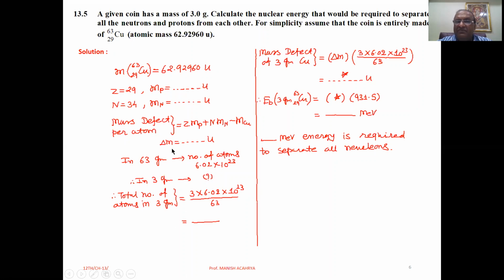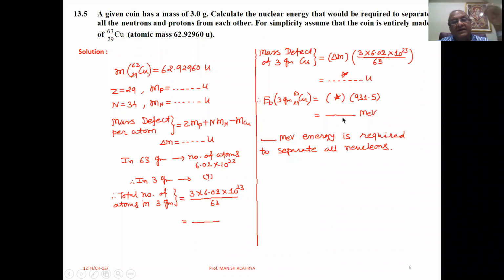Now per atom we have mass defect delta M. Therefore in this many atoms, how much mass defect is there? So the mass defect of 3 gram Cu is delta M into this total number of atoms. Then solve it, you will get the total mass defect. Therefore the binding energy of 3 gram Cu, this mass being in terms of U, directly multiply it by 931.5.